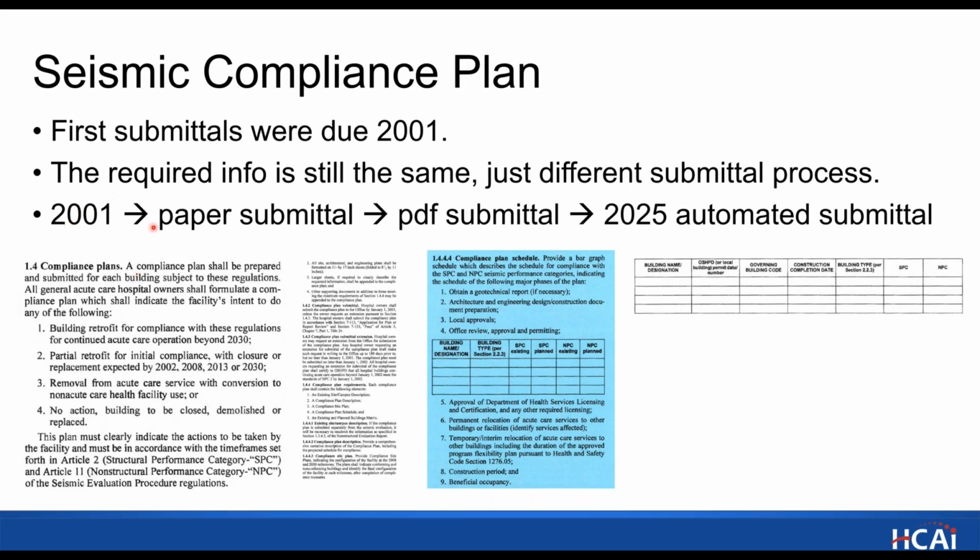Back in 2001, which was the first due date, it was a paper submittal. Then we switched to PDF over the years. Now in 2025, we rolled out an automated submittal. The information required remained the same. It's just the way of submitting and tracking that has been improved over the years.